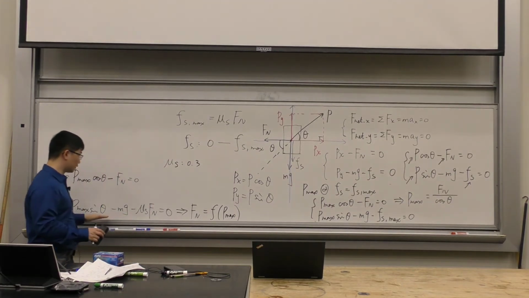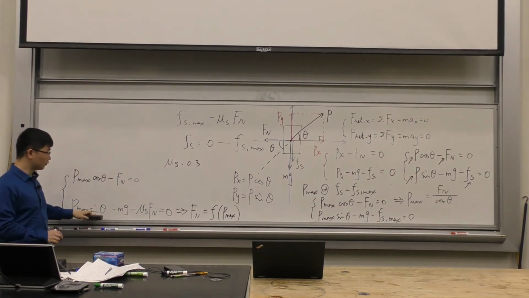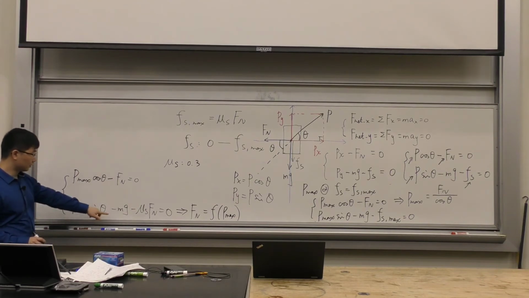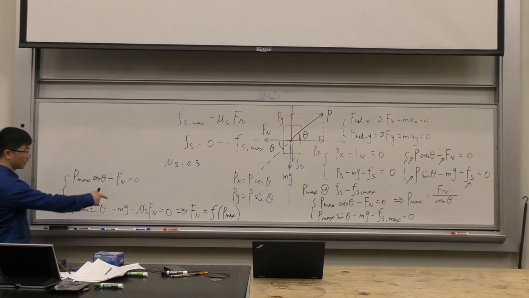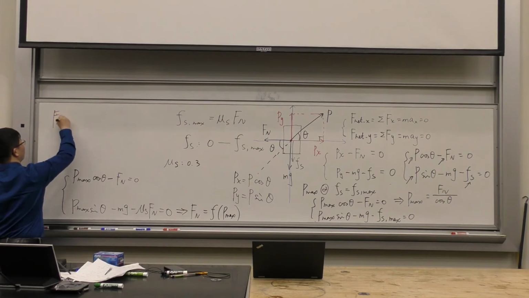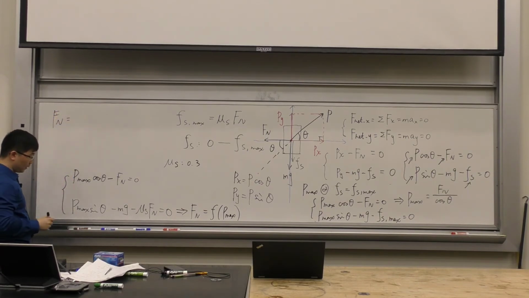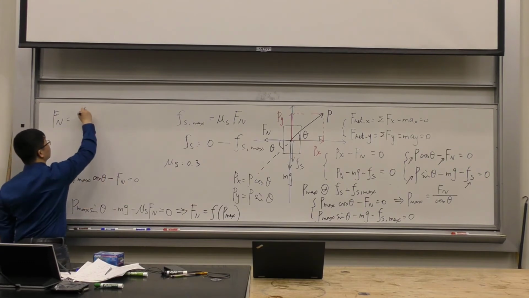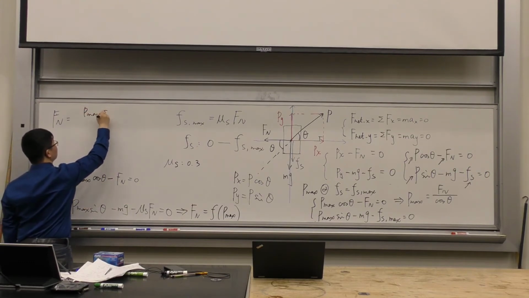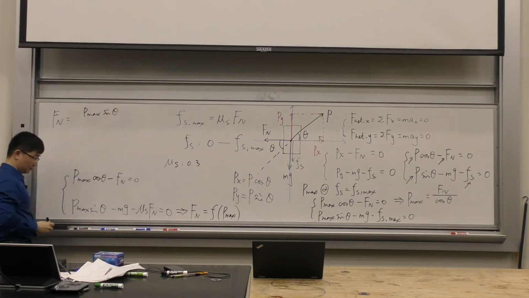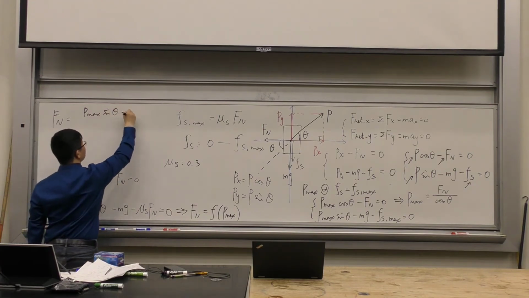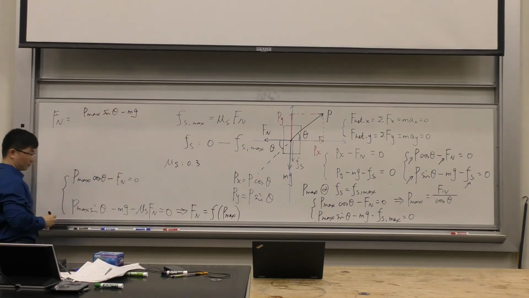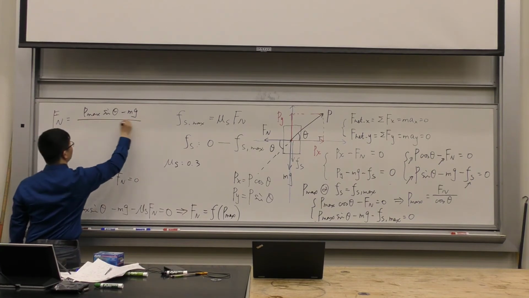Now let's take a look at this equation, okay? If I want to find the P max, what do I do? You rearrange the second equation, what do you get? You want to get a normal force in terms of P, so that's going to be equal to P max sine theta, right, minus mg, okay, divided by mu s.